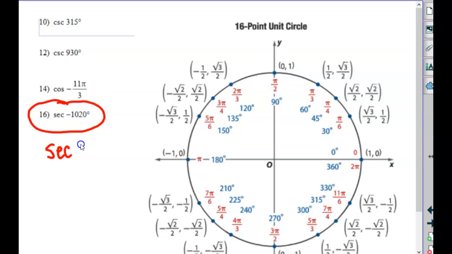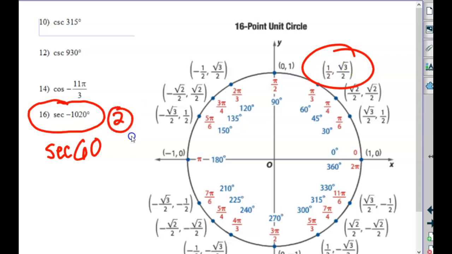Guys, I'm kind of done with reviewing if you aren't going to participate. You get plain old 60. So this is really asking about the secant at 60. What is this secant? Flip over cosine, so it would just be 2.